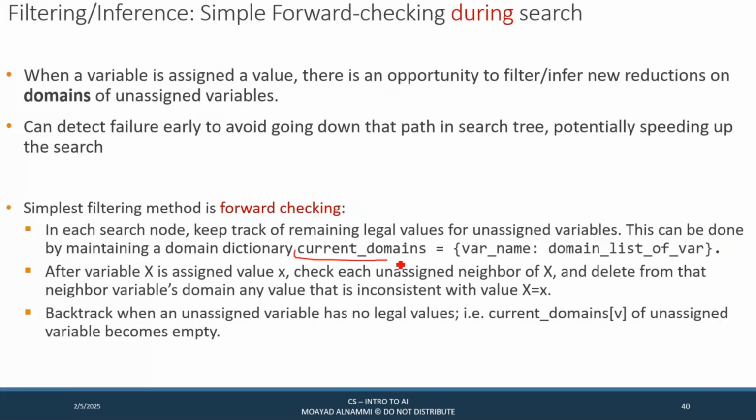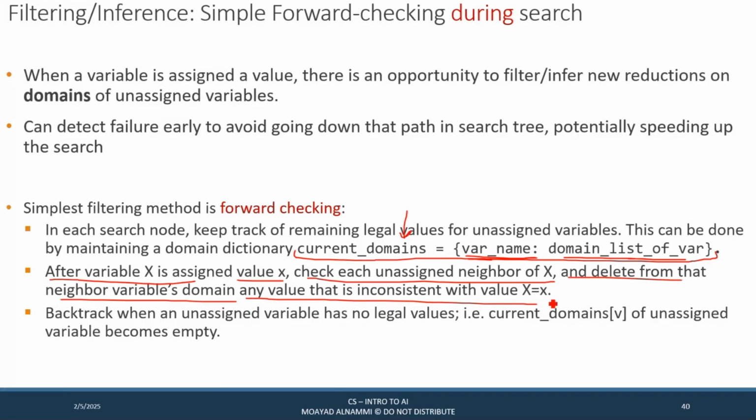It's a dictionary that contains the current domains, where the keys are the variable names, and the values are the domain list of values for that variable. After a variable X is assigned the value x, we can check each unassigned neighbor of X and delete from that neighbor variable's domain any value that is inconsistent with the value of x.